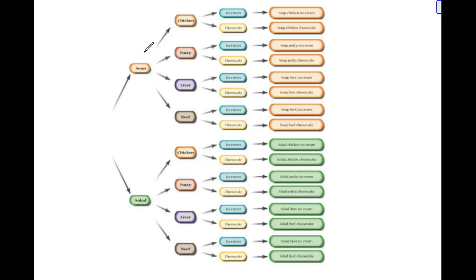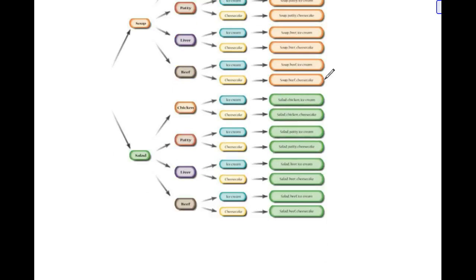And so notice that I have the chicken, the patty, the liver, and the beef coming off of each one of those. Same thing happens with the ice cream and cheesecake. You can get that with any particular meal that you want. And so there's a lot of different possibilities.